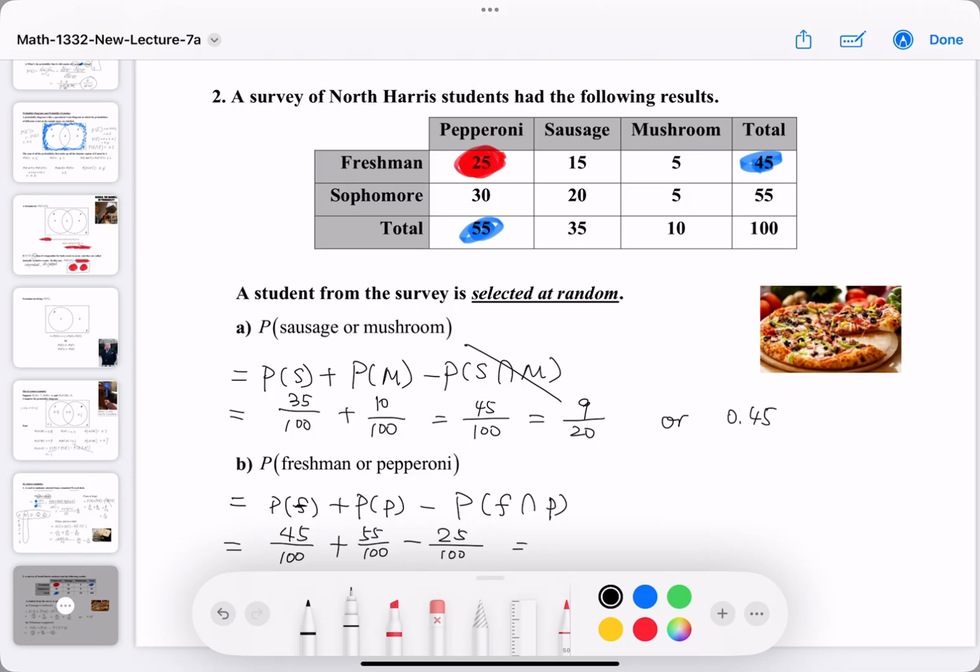And then we can add them together. We're having 75 over 100. You can simplify the top and bottom by dividing by 25: 3 over 4. You can also say it is 0.75. Okay, that's the last question of this lesson.